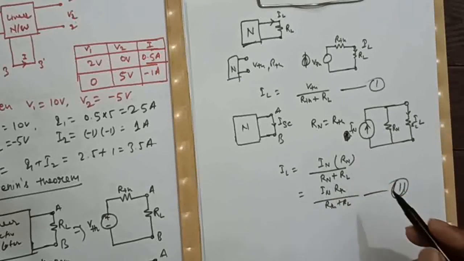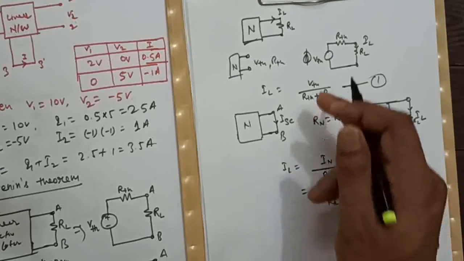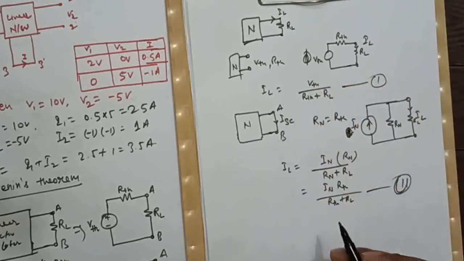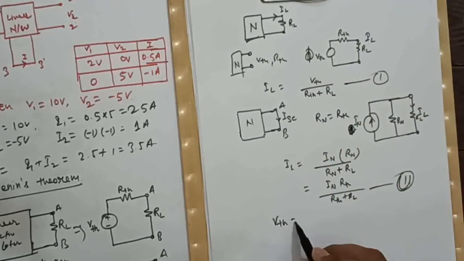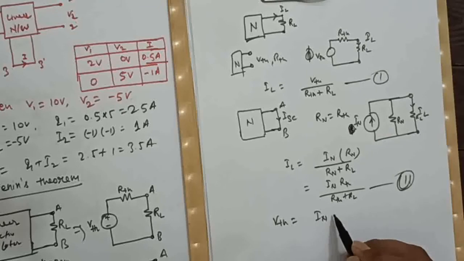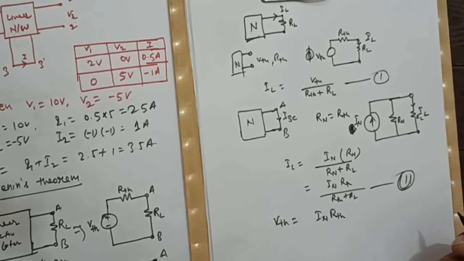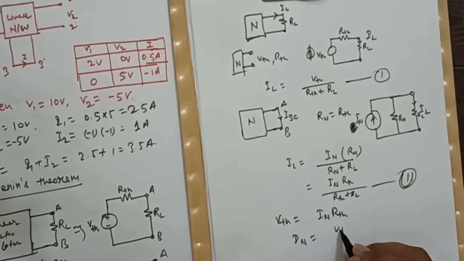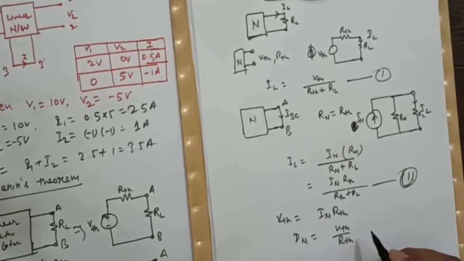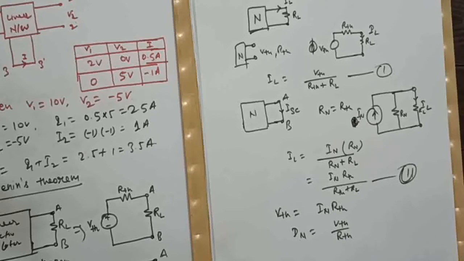Since these two are the same, now compare these two. We will have VTH equal to IN into RTH, right? So from here, IN will be VTH by RTH. So we can simply say that the Norton current is nothing but the Thevenin's voltage divided by Thevenin's resistance, right?